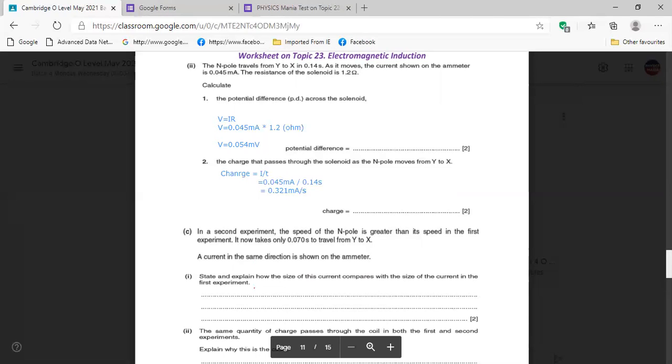So what is the formula of charge? Is it division or multiplication? Sir, I guess multiplication.